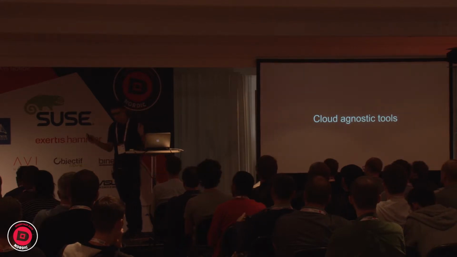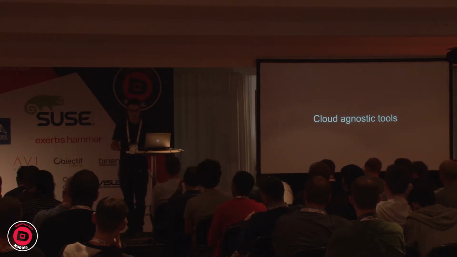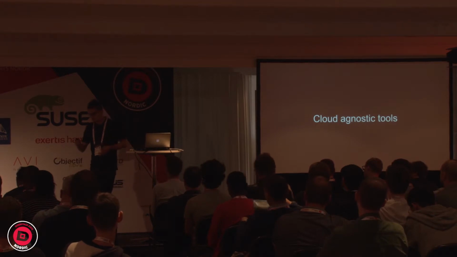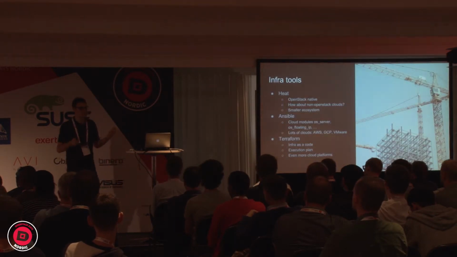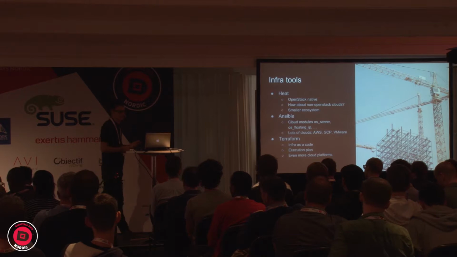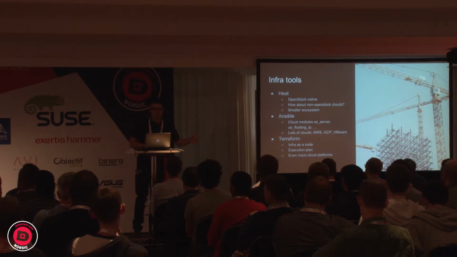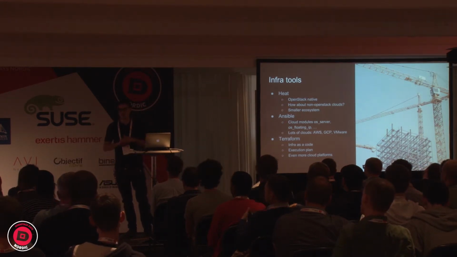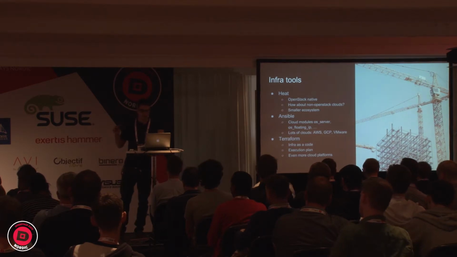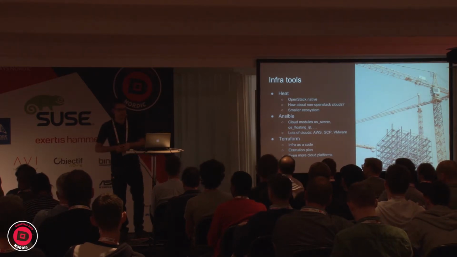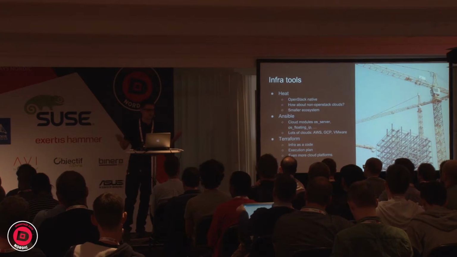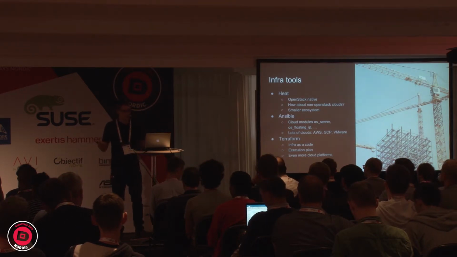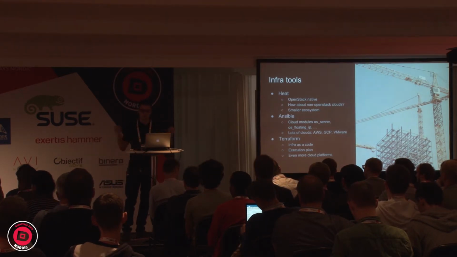So that's the architecture. Now I'm going to talk about the tools to achieve this architecture. And it would be nice if those tools are somewhat cloud agnostic. We'll start with the infrastructure tools that will set up the OpenStack resources. The OpenStack native project for this is Heat, and it works really nicely for OpenStack resources.